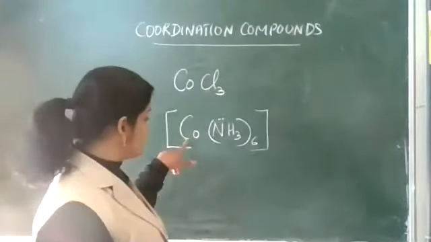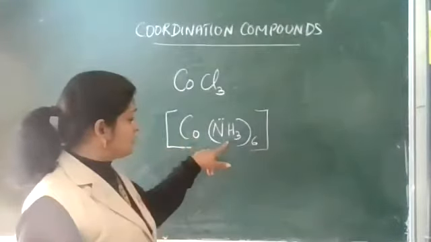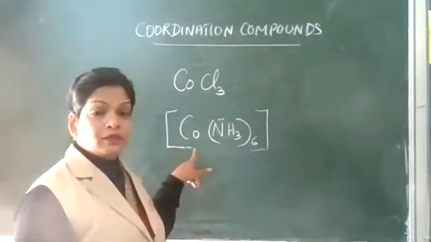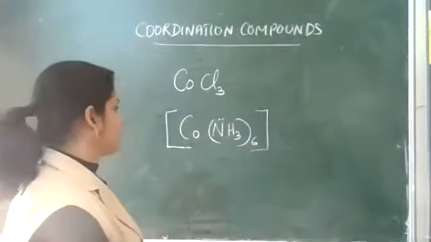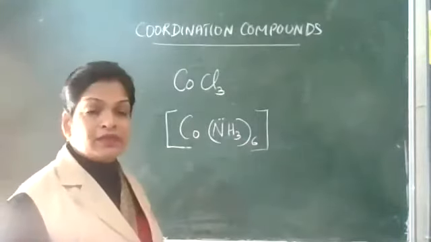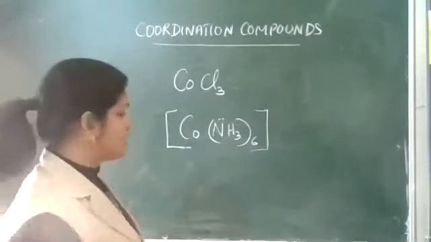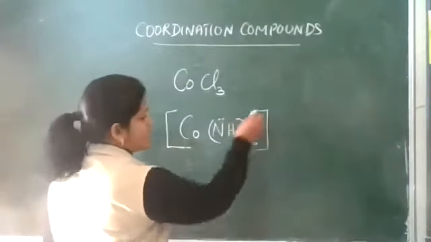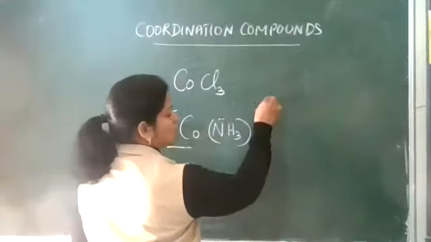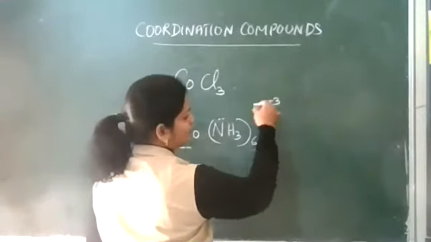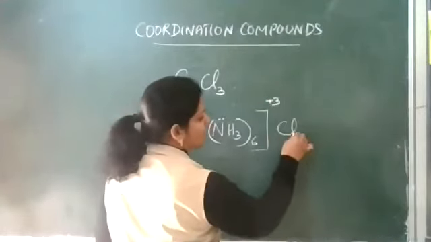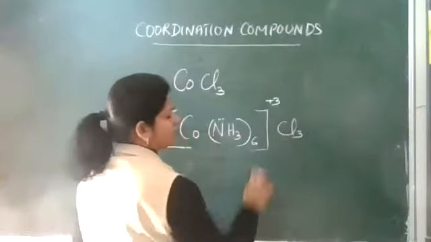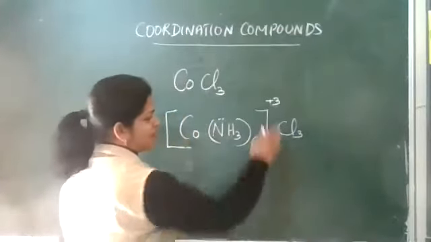That we will learn when we learn hybridization. Now, this is neutral, so the total will have plus 3. That can be neutralized by Cl minus, Cl minus, Cl minus.